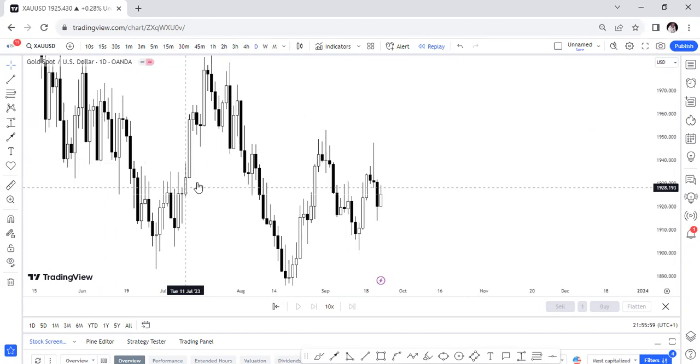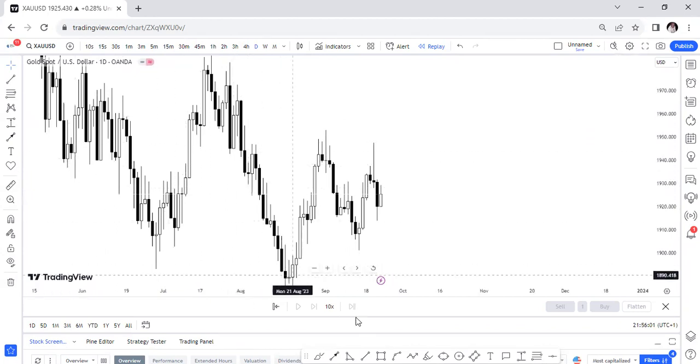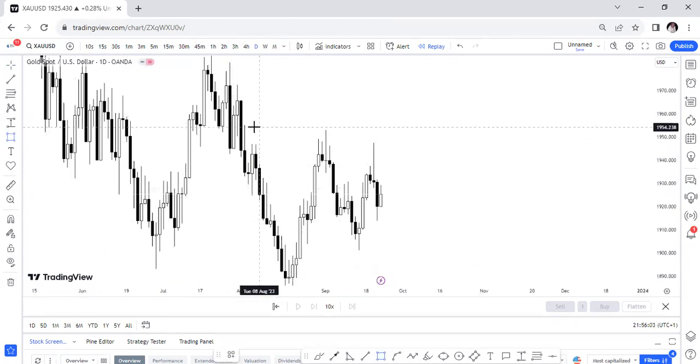Let's circle it out like this. This is a gap, because price reacted to it. Why did price react to this place? Because it's a hidden base.